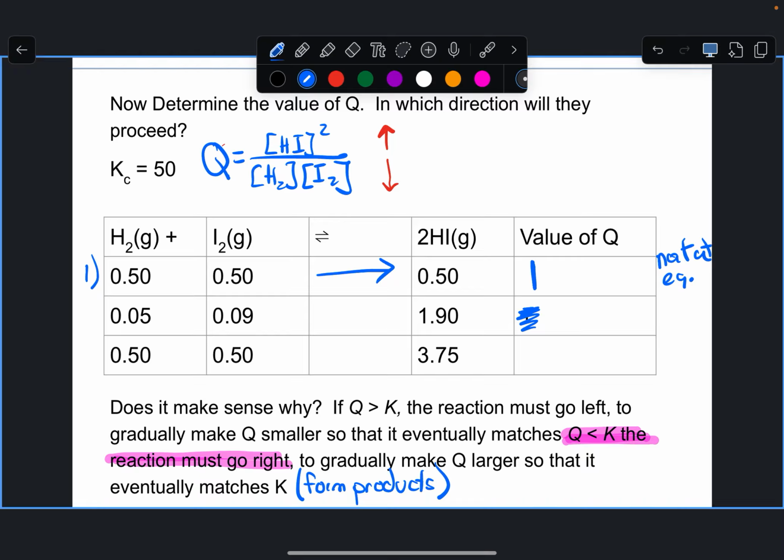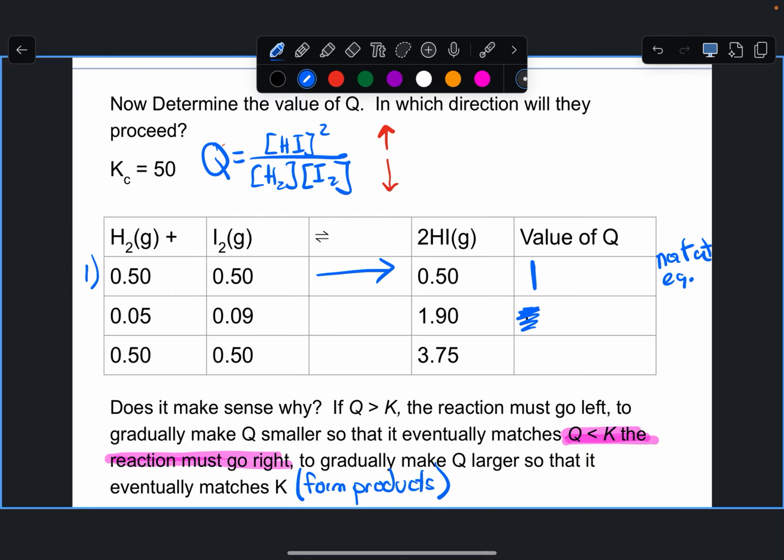So a little trick, just because everyone always likes these little reminders in case you get stressed during a test. Maybe it's easier to remember the thing instead of the reminder, but whatever. You have to do it in the order Q, then K. If Q is less than K, whichever way the less than or greater than sign is pointing, the reaction needs to go the opposite way. Okay?